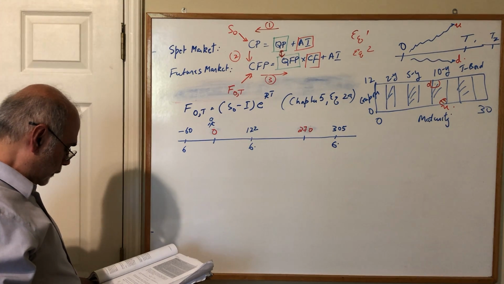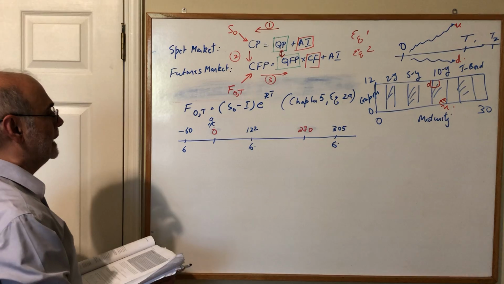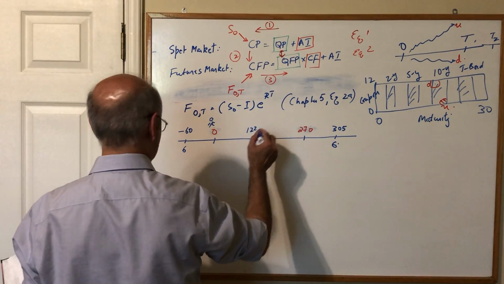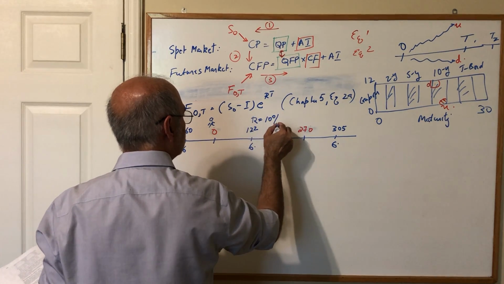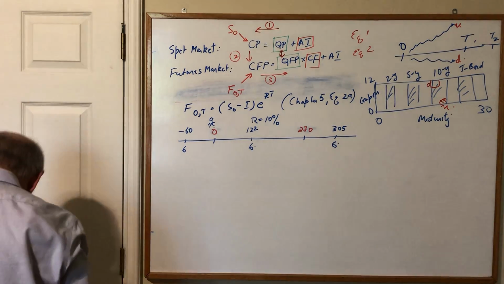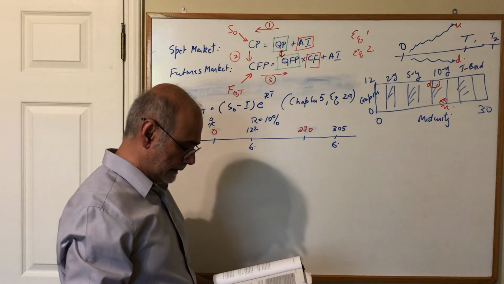We also assume that the term structure of interest rates is flat at 10%. So we're assuming that the interest rate R, for all maturities, is 10%. Now it doesn't have to be 10%.